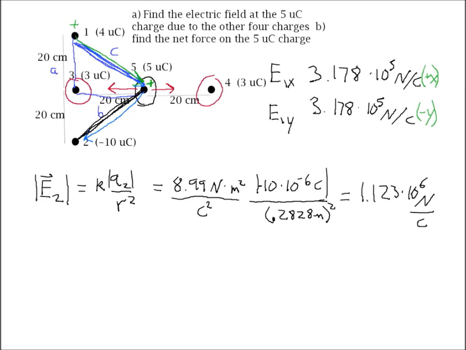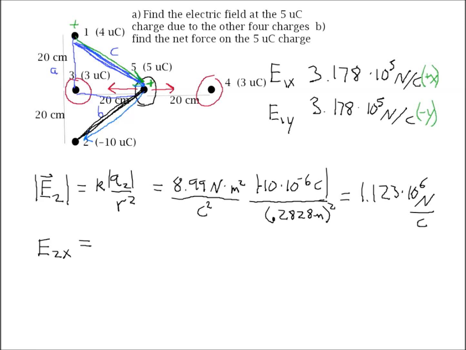Just as before, we need to find the x and y components of that electric field. Also, just as before, we have a 45-45-90 triangle, so the trigonometry is the same, the angle is the same, the only thing that's different is the hypotenuse.